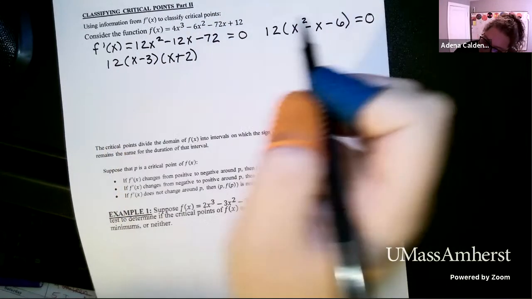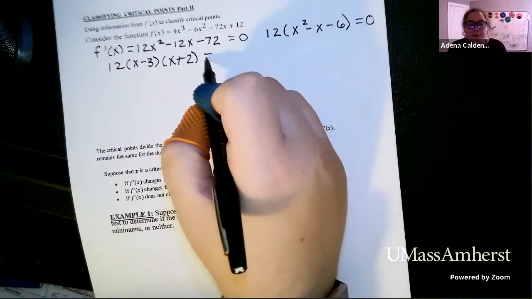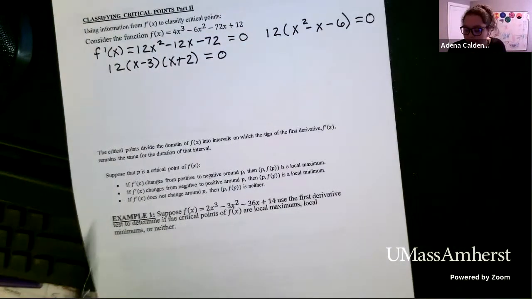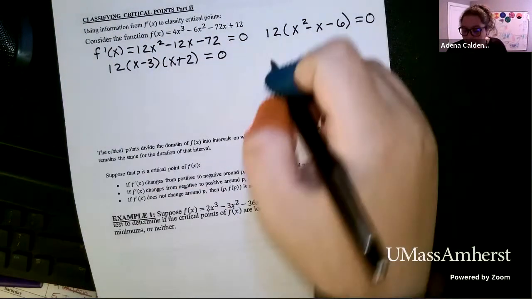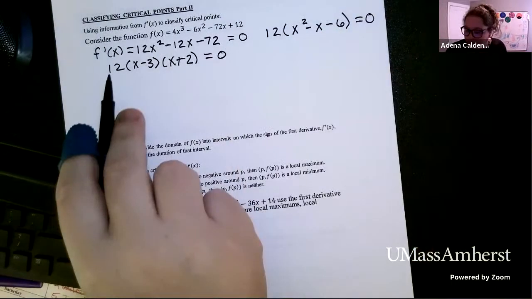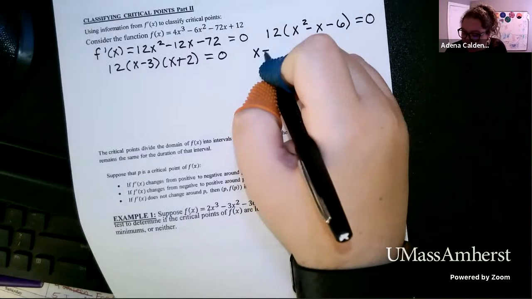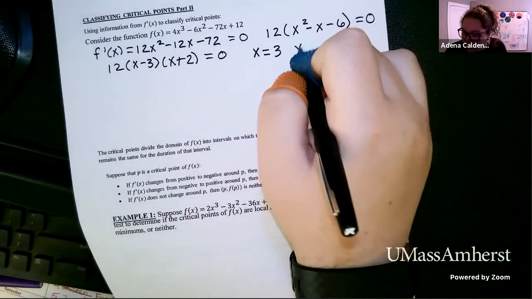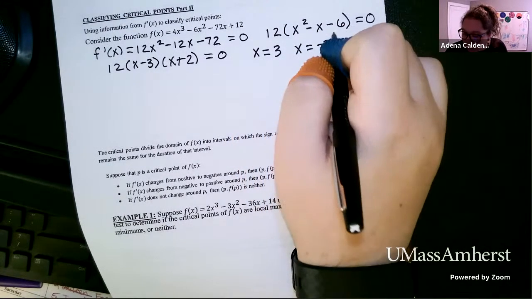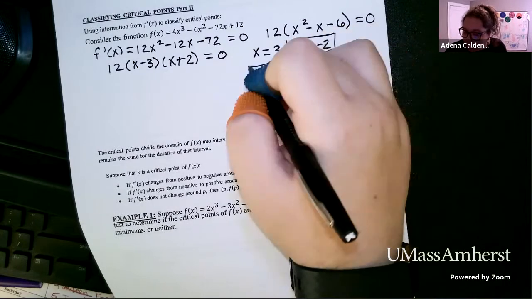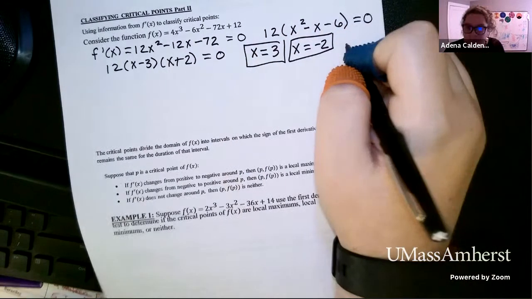That's going to give us what we need here. And so we have 3 factors. We have 12, we have x minus 3, and we have x plus 2. 12 equals 0 doesn't have any solutions. So we end up with x equals 3 and x equals negative 2. Okay, so these are our critical points.